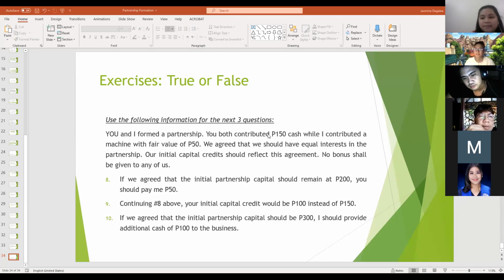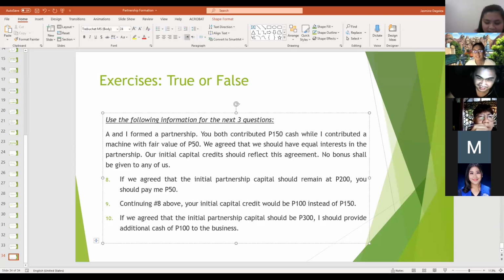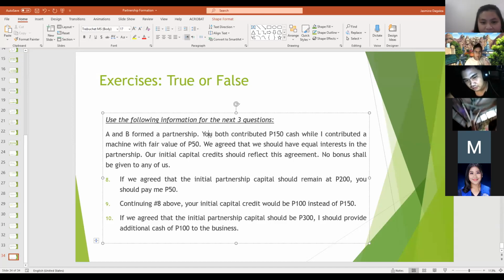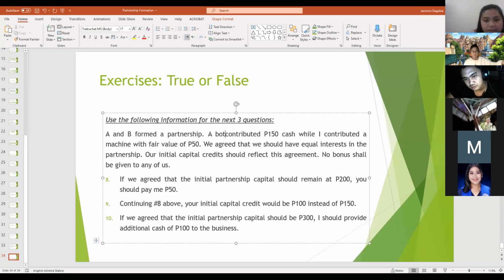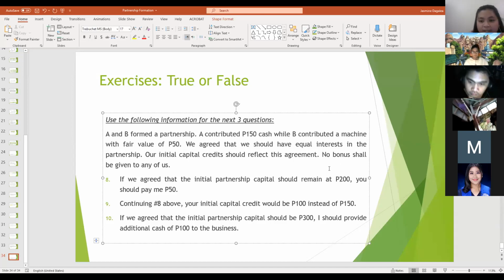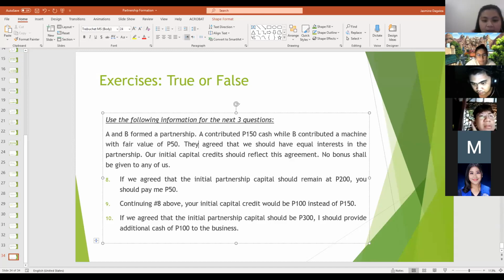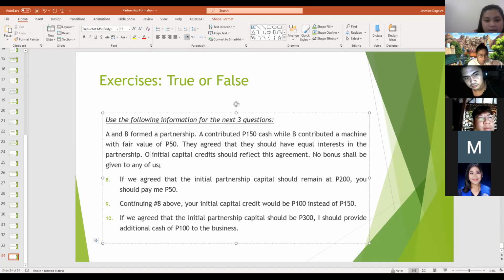Ma'am, pwede A and B. Okay, palitan natin. Sige. A and B formed a partnership. A contributed 150 while B contributed machine. So they agreed that they should have equal interest in the partnership.